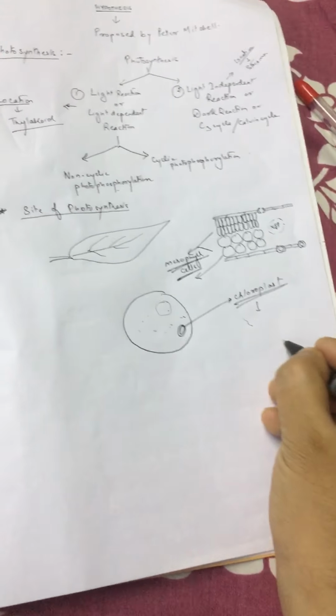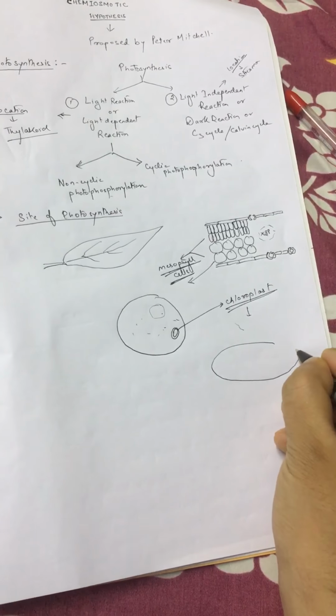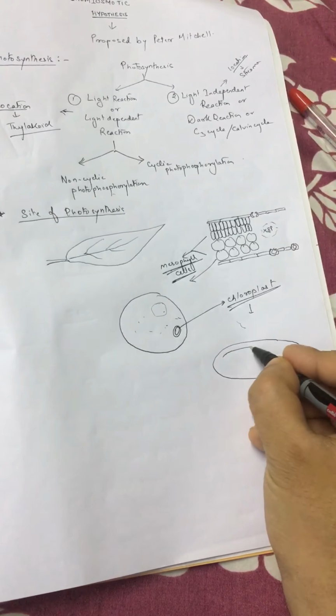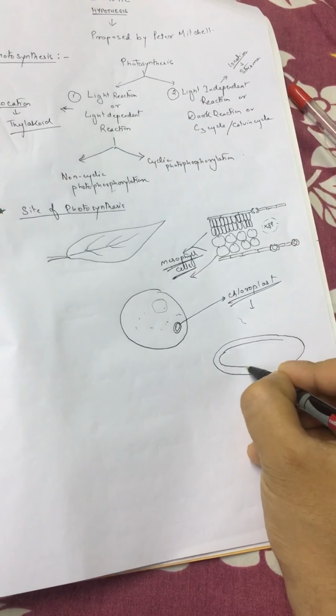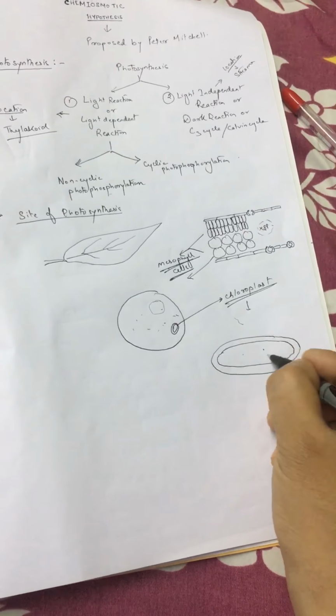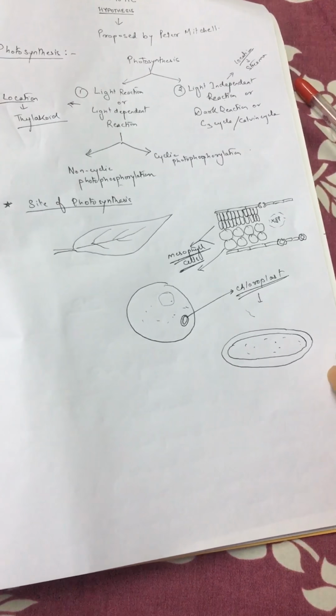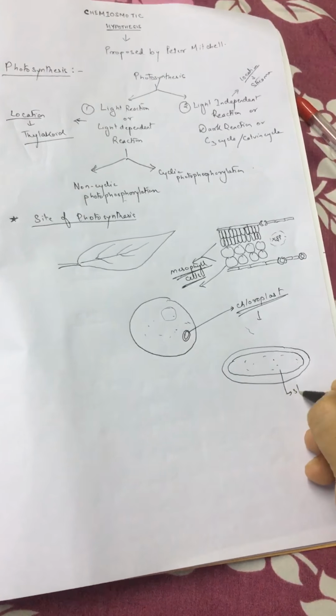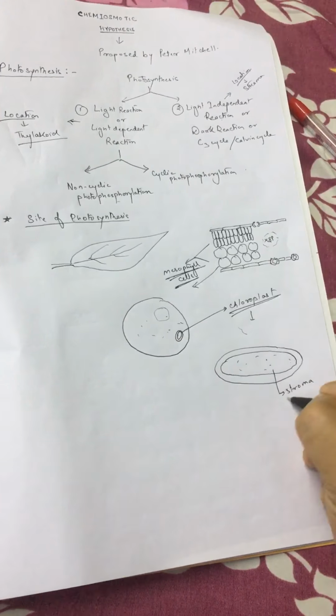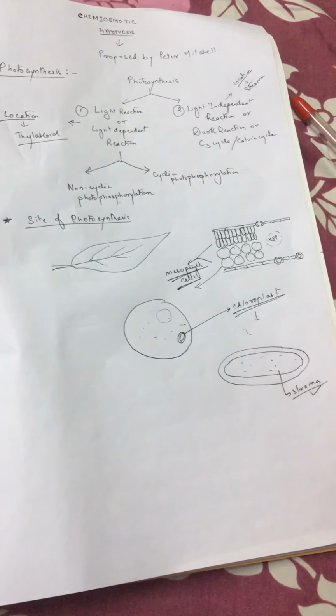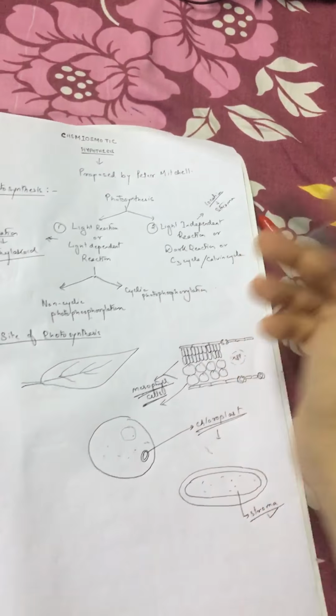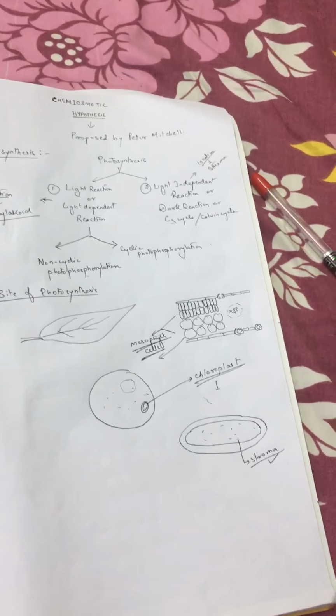Inside the chloroplast. If you see a chloroplast, it has two membranes, the outer membrane and the inner membrane, and it has a matrix also. The matrix of the chloroplast is called stroma. In this stroma only, the light independent reaction will be taking place, right?